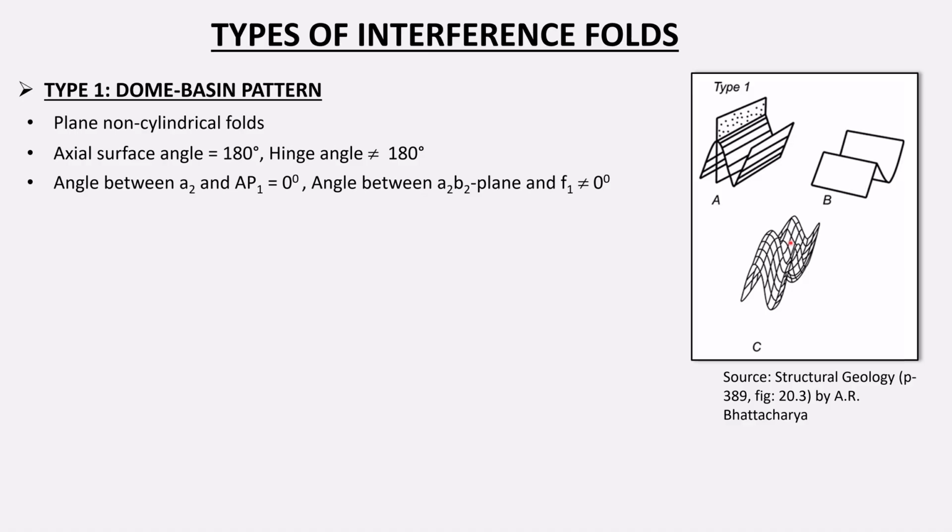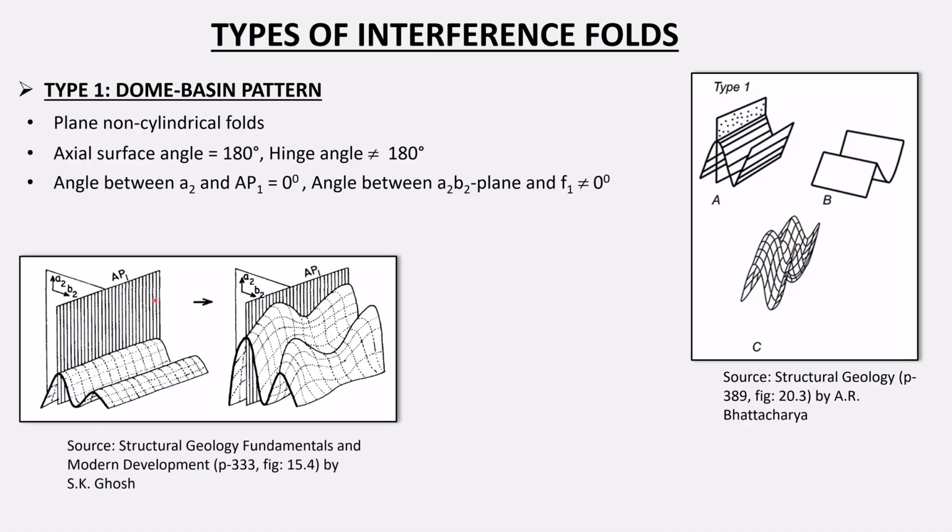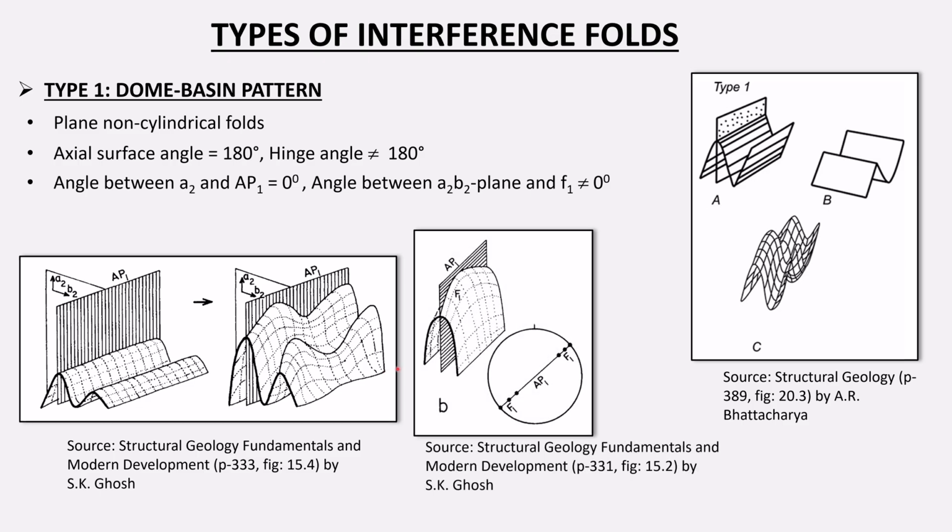The angle between A2 and axial plane 1 is 0 degrees, but the angle between the A2 B2 plane and the fold axis is not equal to 0 degrees. Here again I pictured the first generation of folding and the resulting fold. And here is a stereographic position diagram of this type of folding.